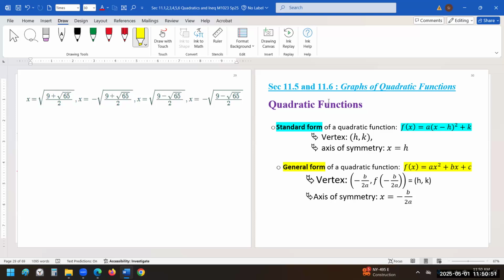We love the standard form because you can see our vertex. The vertex is the opposite sign of the inside and the same sign on the outside. So h and k, when you put them together, give us our vertex. h is the x value, k is the y value. What is the vertex? If you have an upward parabola, this is your vertex. If you have a downward parabola, this is your vertex.